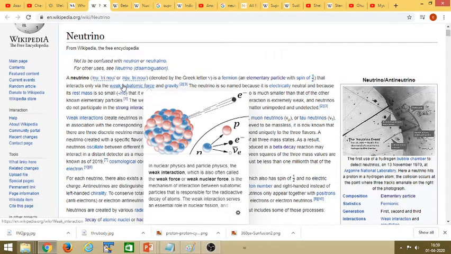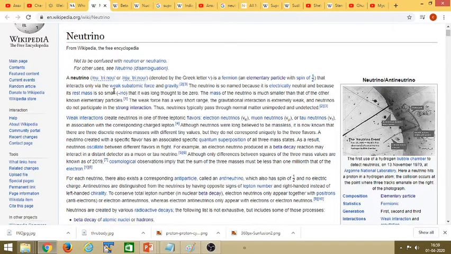The fundamental forces are the strong nuclear force, the weak force, the electromagnetic force, and gravity. Also, it's electrically neutral, unlike the proton or the electron, and its mass is so small that it was long thought to be zero.